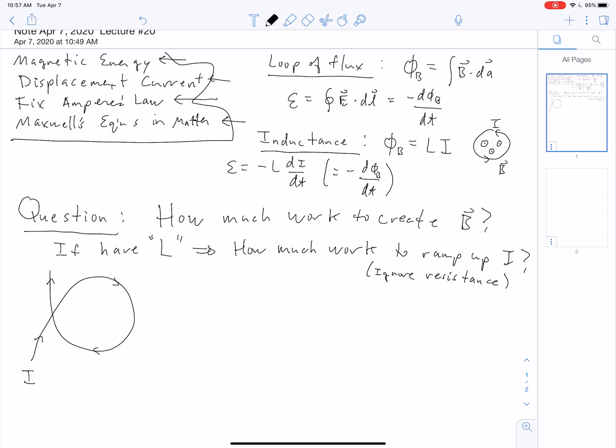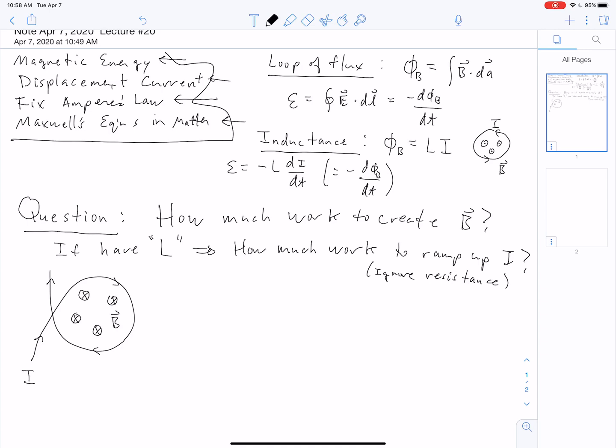And so this might actually seem like a silly question, but it's not, because what happens is, as we increase the current, we create a magnetic field. And you can see the magnetic field using the right-hand rule. The magnetic field grows in this loop.